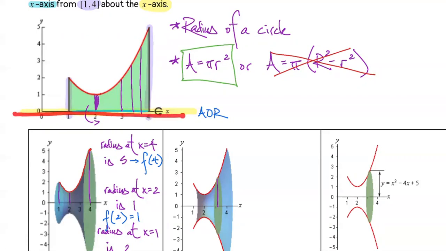Right, so we have our axis of revolution, and every one of our radii is definitely perpendicular to the axis of revolution.